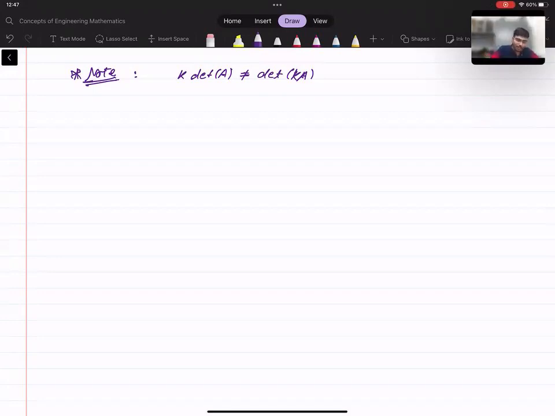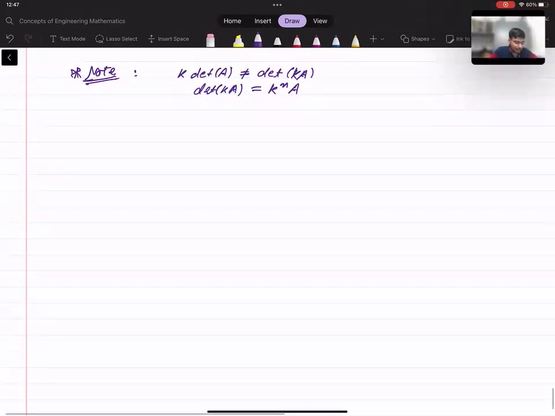If this is not valid, then the determinant of K multiplied to A will be equal to K to power n multiplied with determinant of A, and this is valid for square matrices only because determinant can be found for them only. Why is it so? Here, this is the determinant of A, and K is taken common from each of the rows or each of the columns.